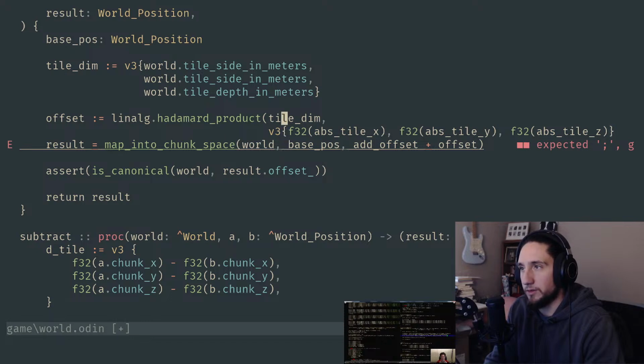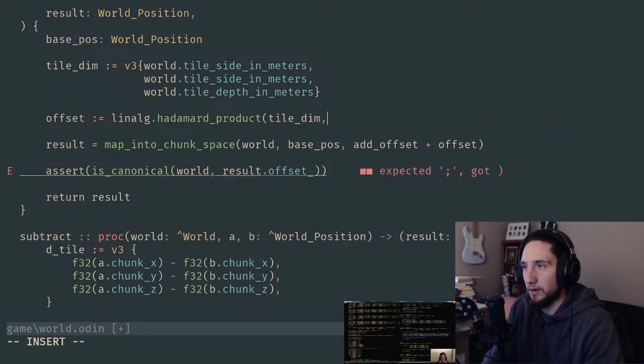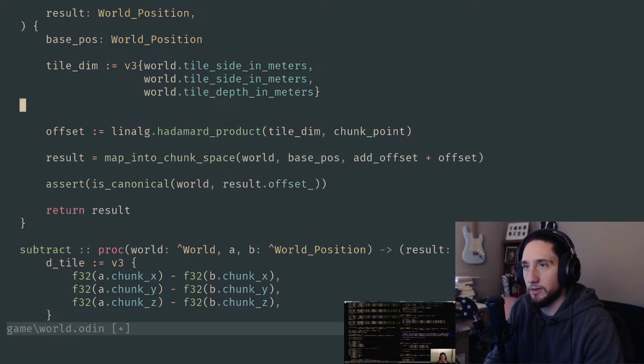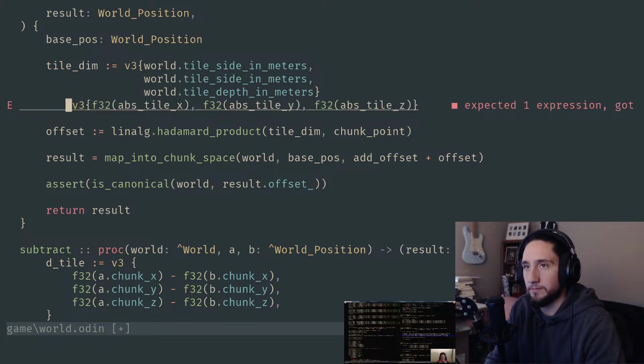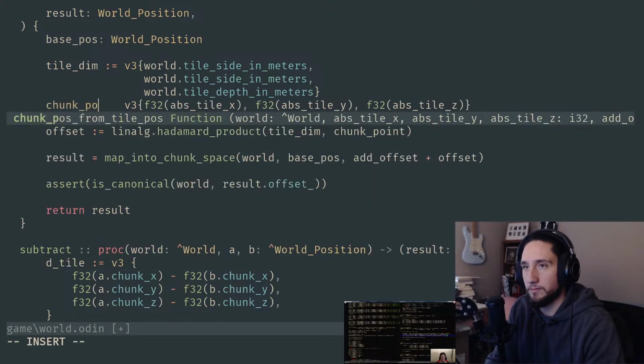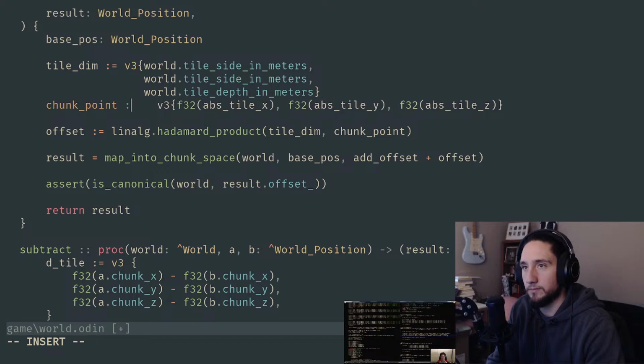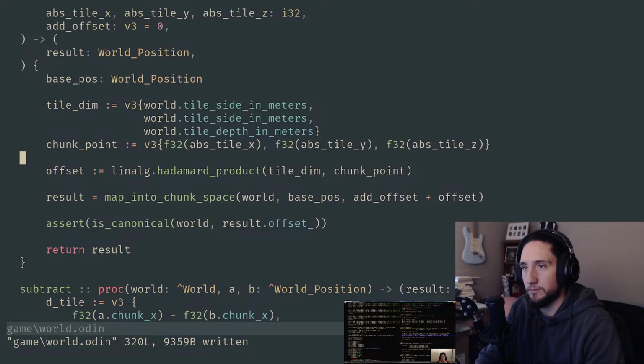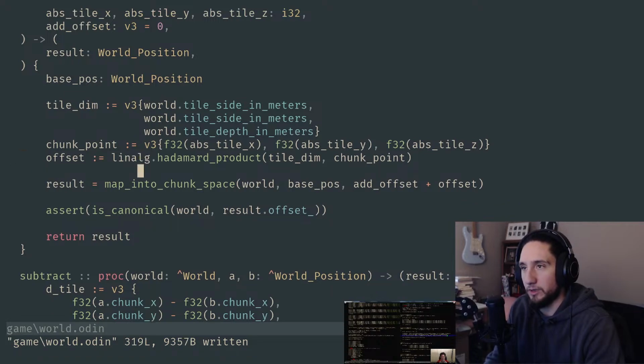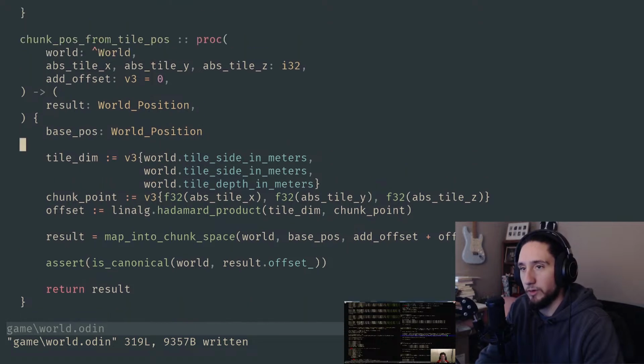And that gives us our offset. I kind of want to make this its own thing. Call this like the chunk point or something. That seems good, just so it's a little bit clearer exactly what we're doing here to get that offset. And that should work well.